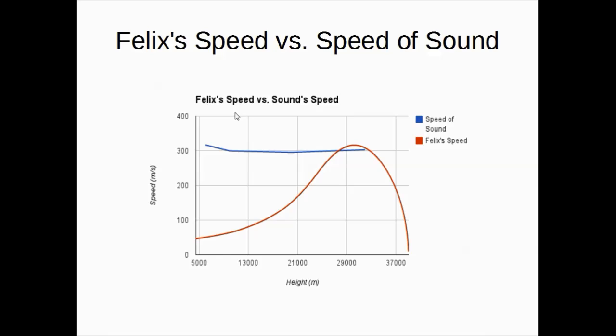And here's Felix's speed versus the speed of sound, but based on height, not on time. So as you can see here, he breaks the sound barrier at almost the height of 30,000 meters.